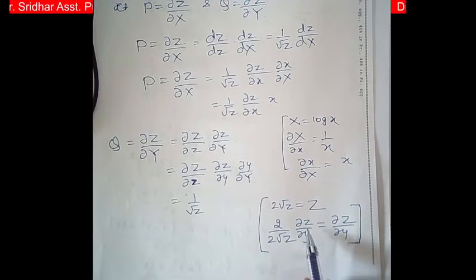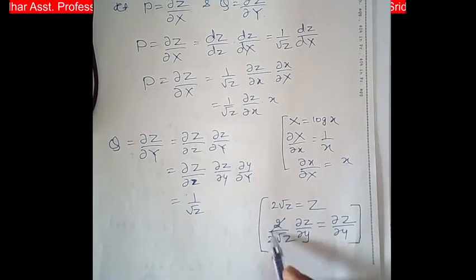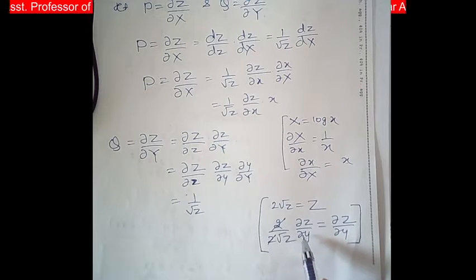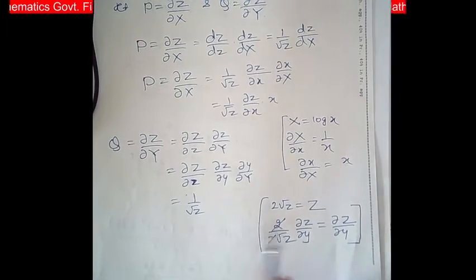From this equation the 2 gets cancelled. So from this equation we calculate dou z by dou y, which is equal to 2 into q.